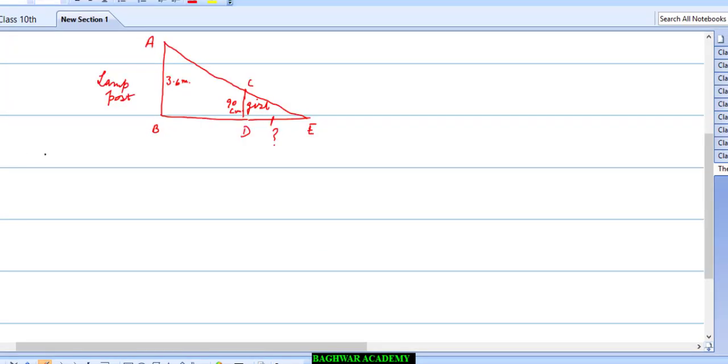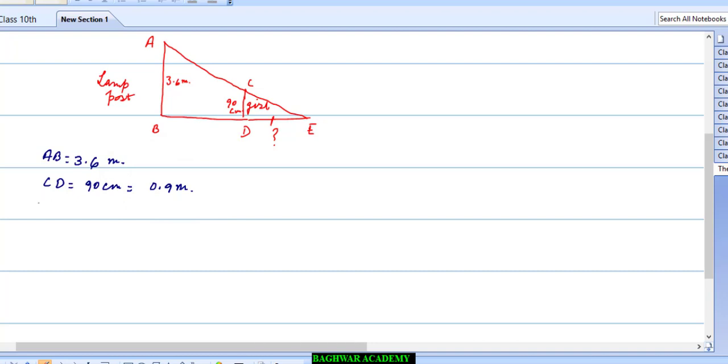Here we have been given AB is equal to 3.6 meter. We have CD is equal to 90 centimeter, that will be 0.9 meter.